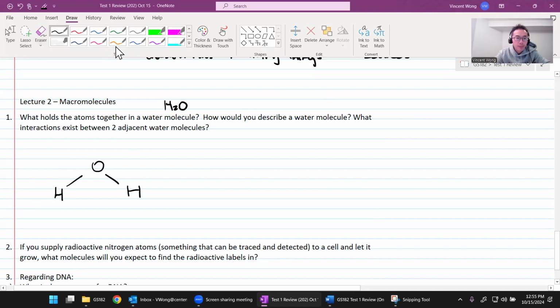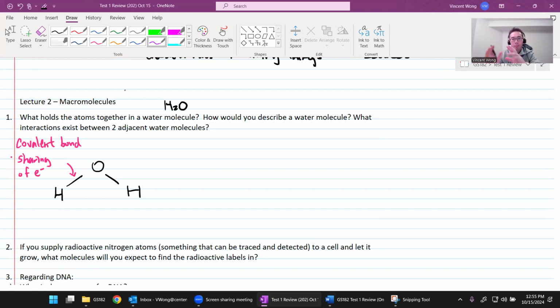The bond that holds the oxygen and the hydrogen together is called a covalent bond, which is sharing of electrons, as opposed to transfer of electrons. But in this case, for the water, the sharing of electrons is actually uneven. So the oxygen ends up slightly negative compared to the hydrogen.